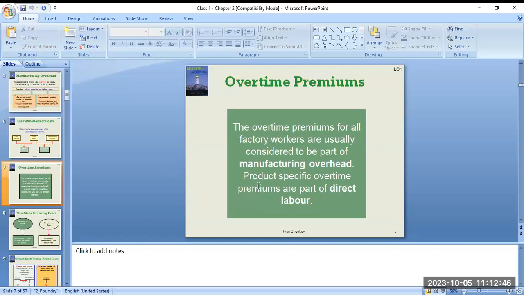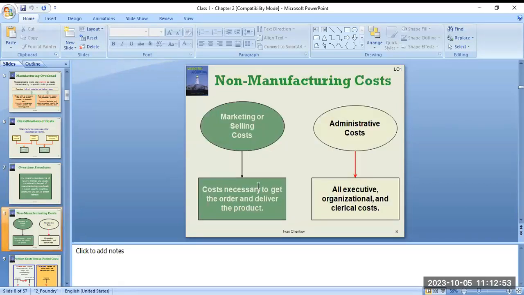If we have a product-specific overtime premium, those are part of the direct labor. Now, the first classification of the cost that we saw so far was product cost: direct material, direct labor, manufacturing overhead.